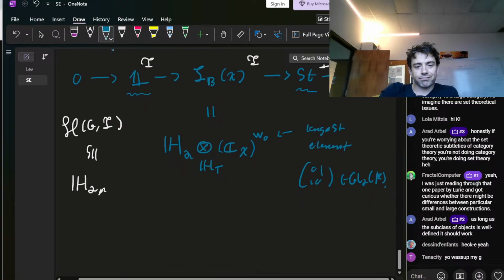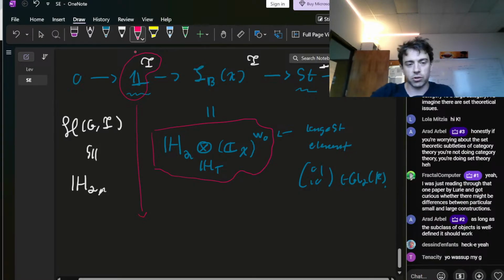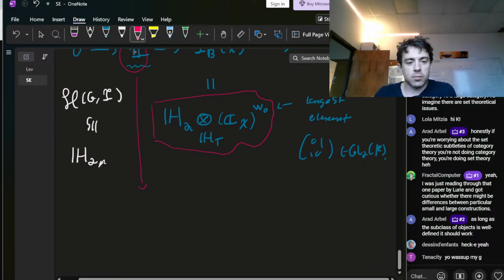Okay. So I want to do this computation in two different ways. First, let me do this computation first, because this one should be easier. I just want to make sure everything lines up.